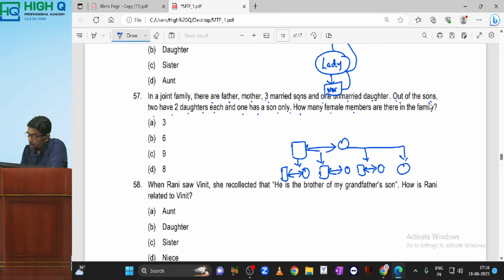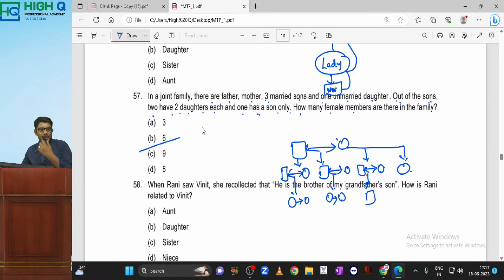Out of the sons, 2 have 2 daughters each and one has a son. Now, how many female members are there in the family? 1, 2, 3, 4, 5, 6, 7, 8, 9. Over.